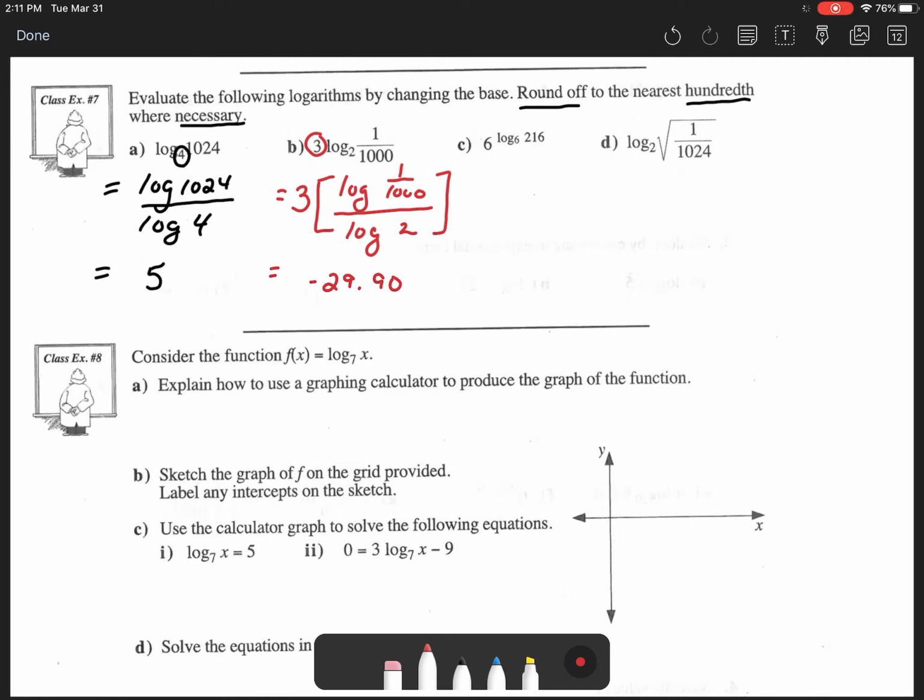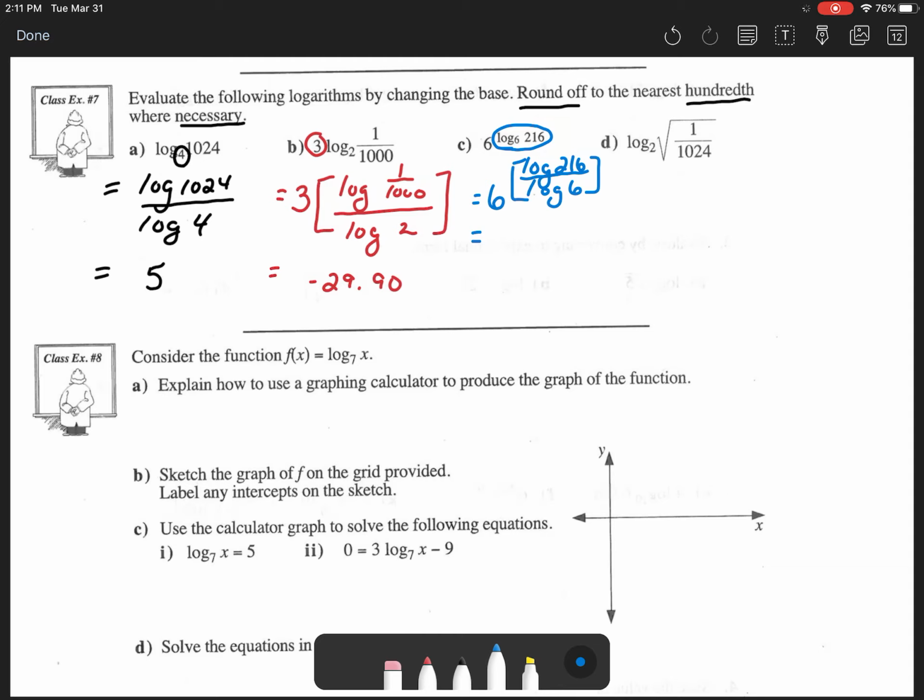In the third one, the log base 6 of 216 is an exponent. So it's going to be 6 to the exponent of, and that exponent can be calculated by going log 216 all over log 6. So that's my exponent.